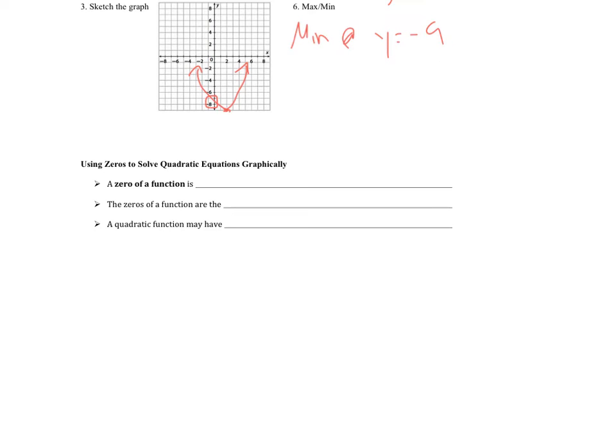All right, so using zeros to solve quadratic equations graphically. A zero of a function is an x value that makes the function 0. Essentially, our y ends up being 0.